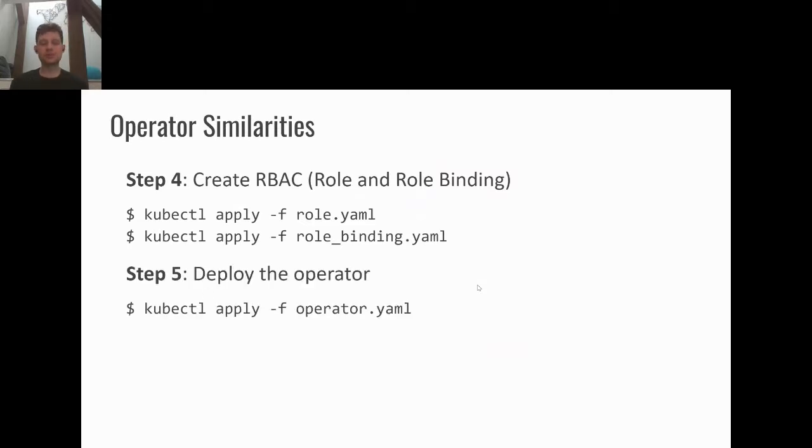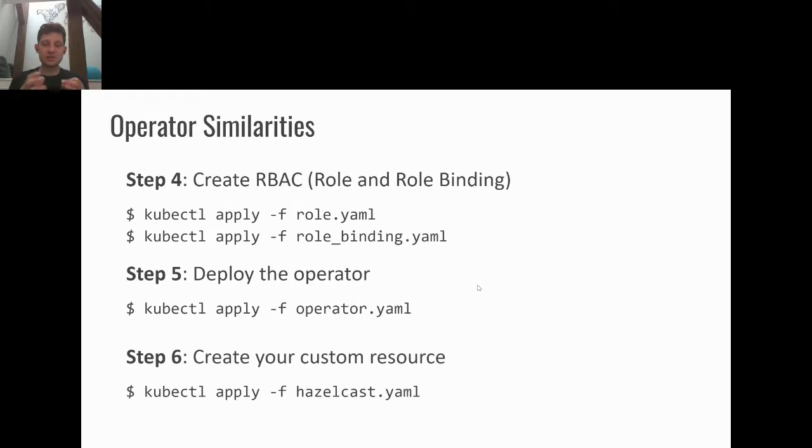Then you deploy the operator. Using these permissions, you make your operator run. Your operator is an application, so you need to deploy it to Kubernetes. And finally, you will be able to use your custom resource, and then the operator will watch for this custom resource and act upon the changes.